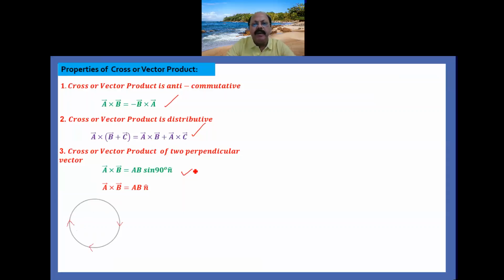For that purpose, you must understand the order of rotation for the cross product. Here I drew one circle and wrote the direction of rotation, just I, J, K. They are the unit vectors.